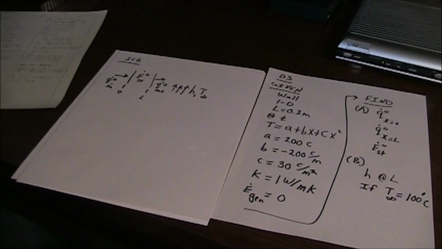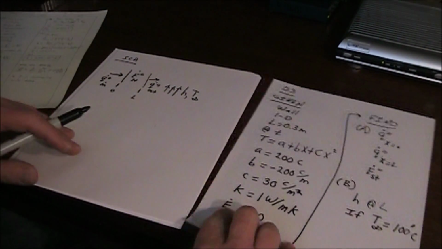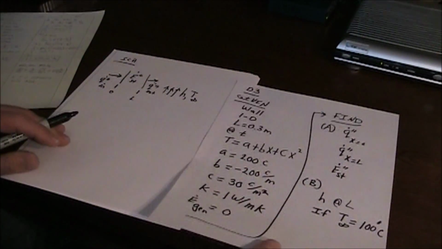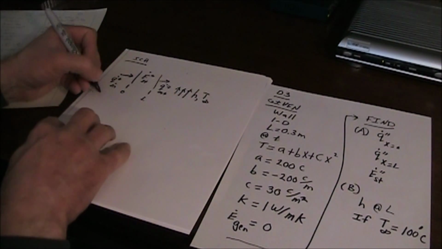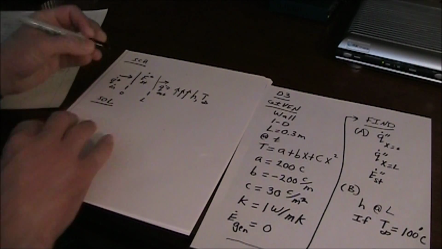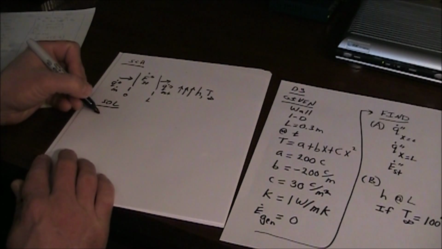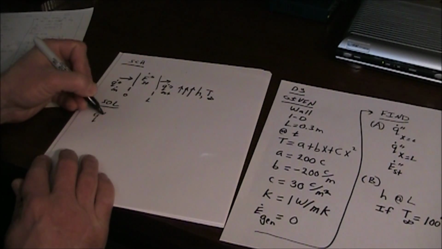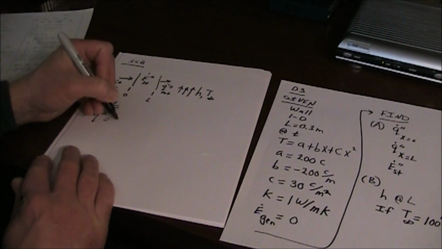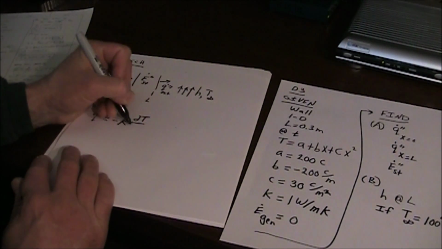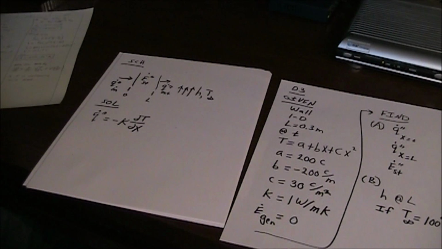Okay? So part A said, well, alright, what is Q dot double prime at x equals 0? So we know from Fourier's law, this will be the solution. From Fourier's law, we know that Q dot double prime is equal to minus k times dT dx.